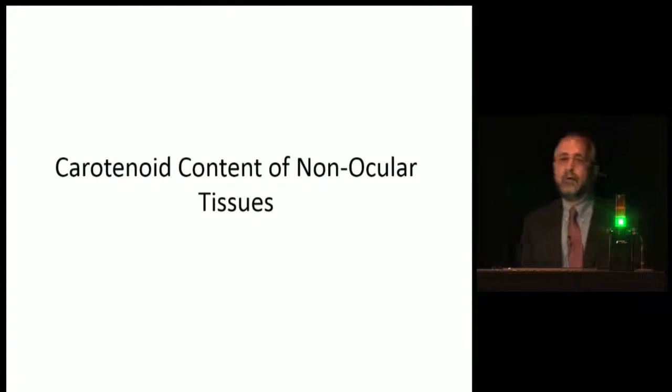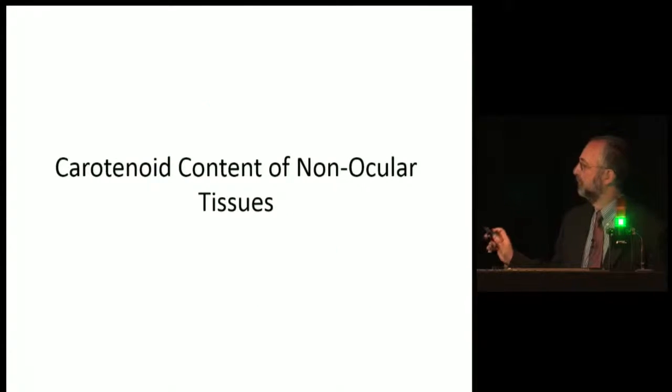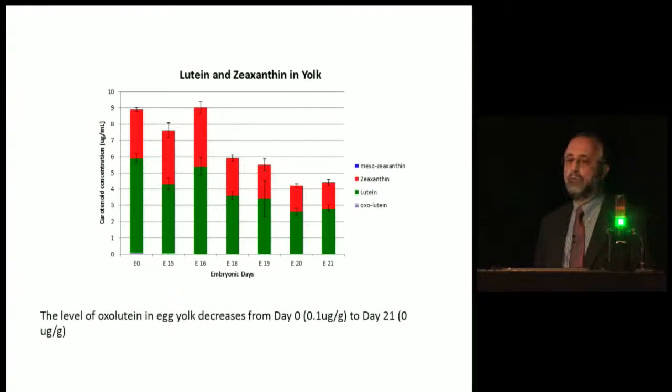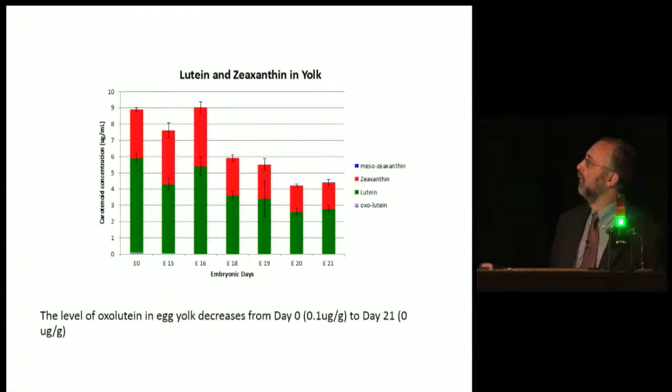So what did we find in all of our various tissues? Well, we first, of course, had to look at the egg yolk. And our egg yolks, as you can see, the yolks that we are getting at E0 have mostly lutein, in about a 2-to-1 ratio of lutein to zeaxanthin. There is no detectable meso-zeaxanthin at any time beyond occasional trace amounts, but we're talking about much below the limit of quantitation.